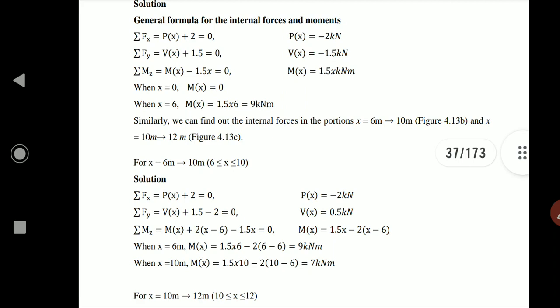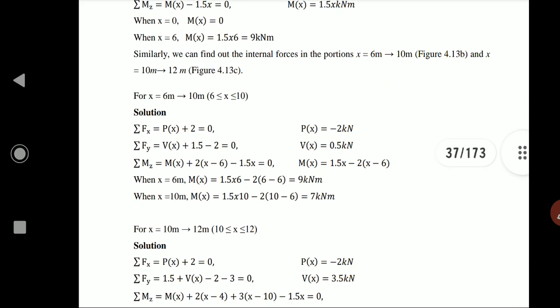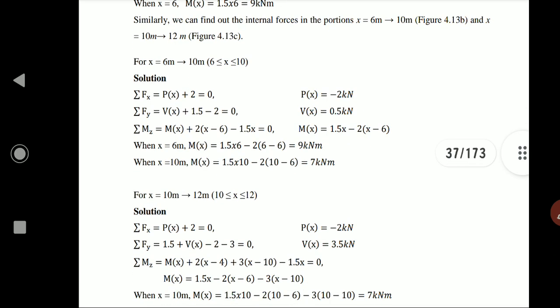Then similarly, we can find out the internal forces in the positions x equaling to 6, to 10 meters, x equaling to 12 meters, depending on the figure. So between 6 and 10 meters for the x, we shall take the equilibrium conditions, summation of the forces in the x, summation of the forces in the y, and then bending moment z.